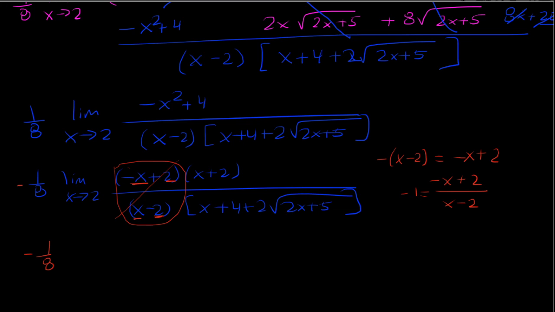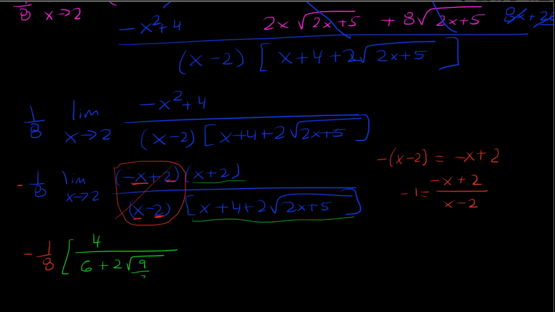And now the remaining part here, if I plug in 2, I don't get 0. So I'm just going to plug it in. And okay, so I have 2 plus 4 on the bottom is 6, plus 2 root 2 times 2 is 4, plus 5 is 9.